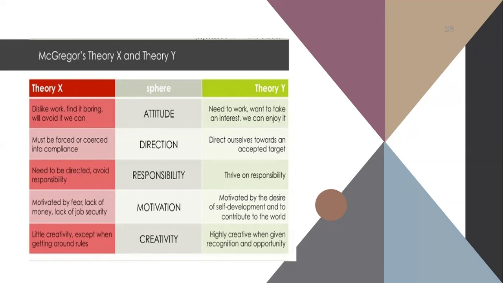In case of creativity, theory X suggests that employees have little creativity except when getting around rules. But theory Y suggests the opposite. It says the employees are highly creative, and when given proper opportunities and recognition, they can show great work.